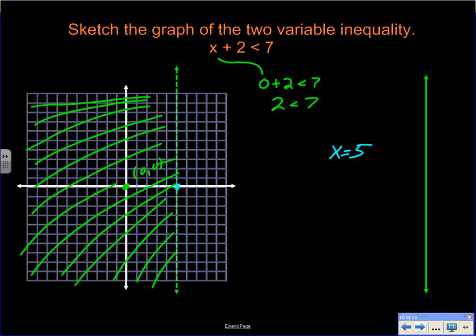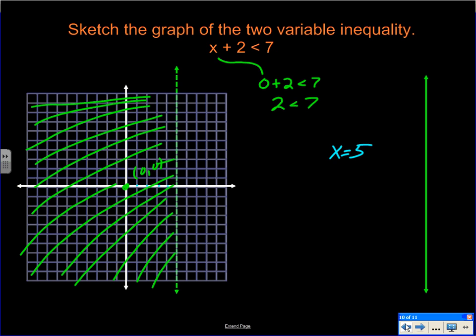So you shade everything on that side of the line. And that'll be the last slide we have for today. Graphing two variable inequalities. Just the important part, make sure you know how to graph a line, and then that'll help you out with graphing two variable inequalities.